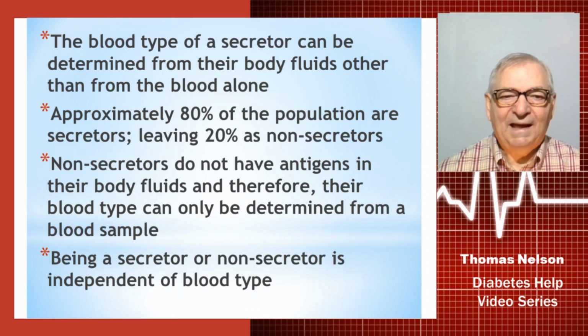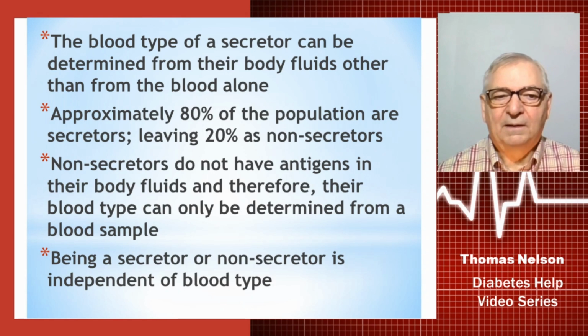Approximately 80% of the population are secretors, leaving only 20% as non-secretors. So they basically assume that everyone is a secretor. But non-secretors do not have those antigens in their body fluids, and therefore their blood type can only be determined from an actual blood sample.